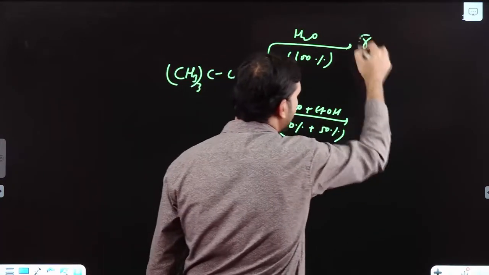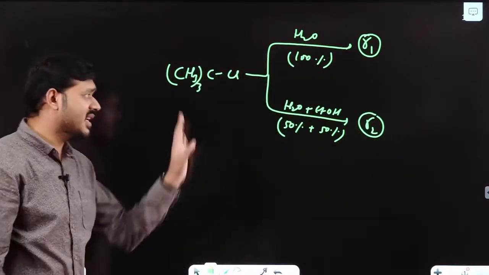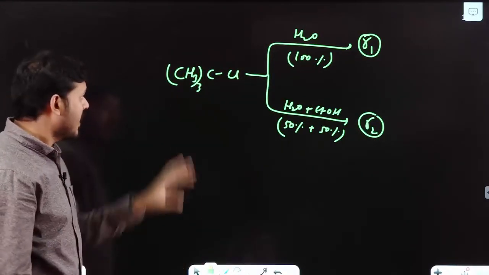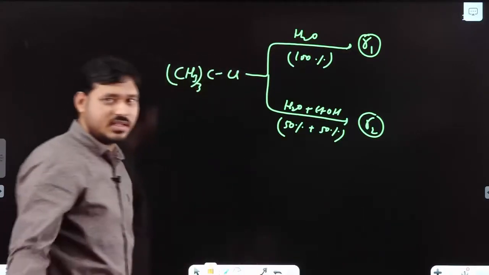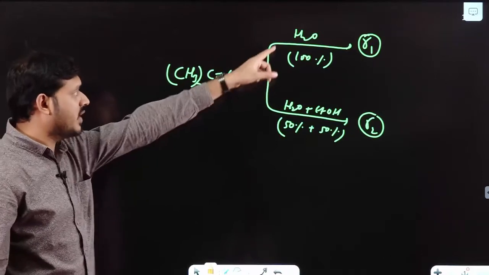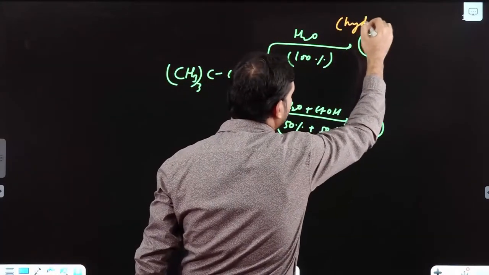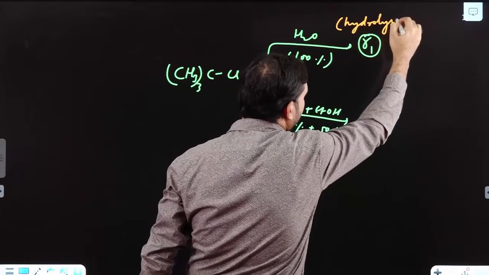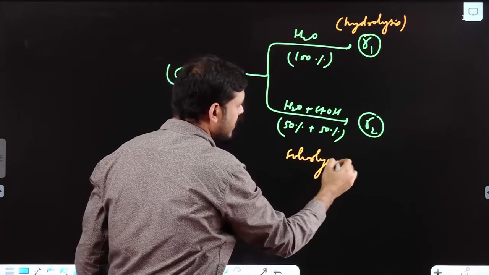Now the rate here is R1, rate here is R2. So dear students, understand the main point here. In this case what will happen? The difference occurs in solvolysis. Okay, here solvent is water, so here occurs hydrolysis. Here I will use the term hydrolysis, here I will use the term solvolysis.